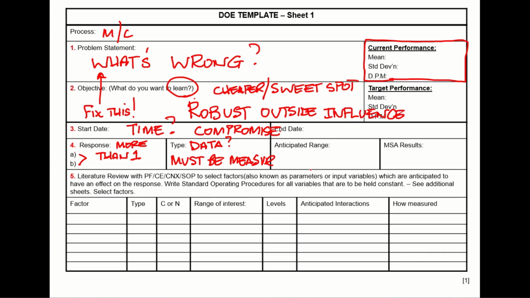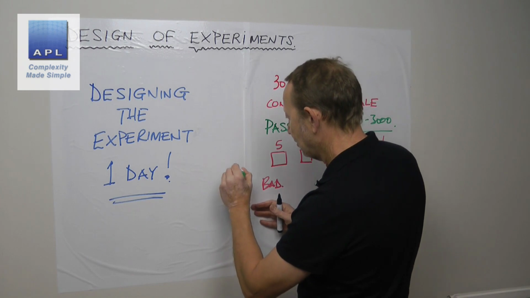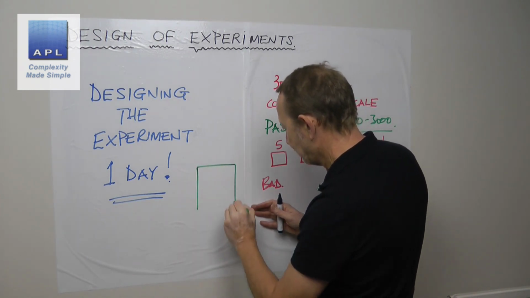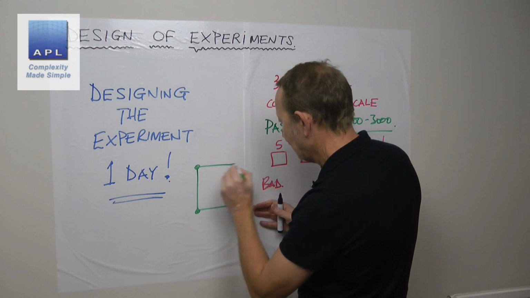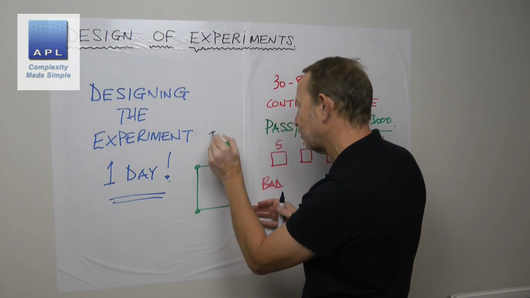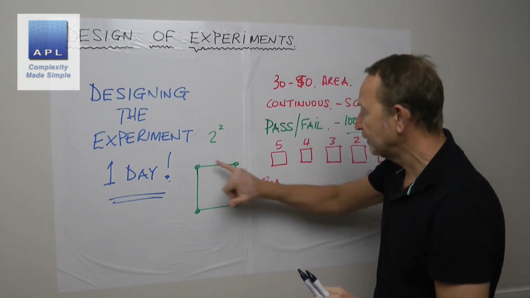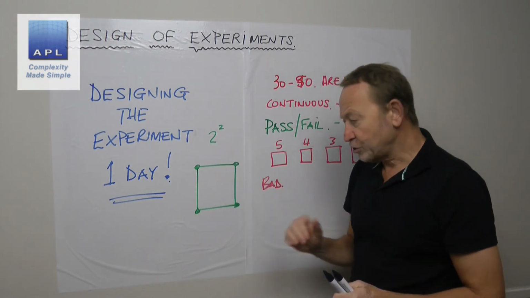Now the next box says, what's the anticipated range of the measurement? In other words, can you measure extremes? Now remember what you're going to do in the experiment. What you're going to do, of course, is create a design space. You're going to go high and low. So if this was 2 factors at 2 levels, you've got a design space.